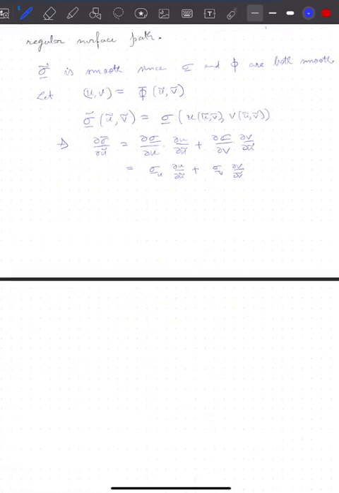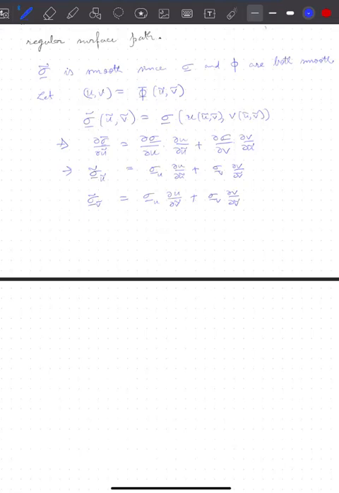And this can be written as sigma tilde U tilde. Likewise, we have sigma tilde V tilde is equal to sigma U and partial U by partial V tilde plus sigma V and partial V by partial V tilde. Right?